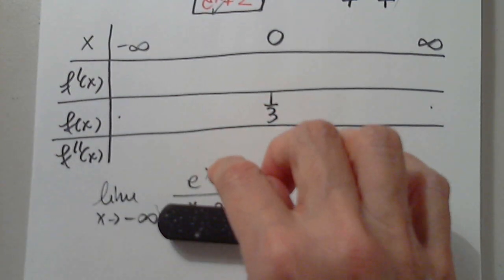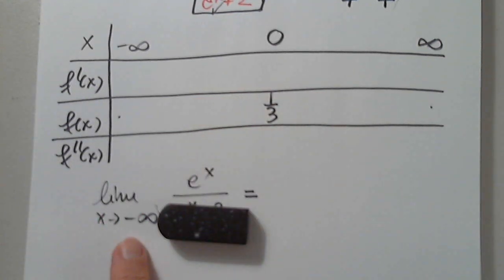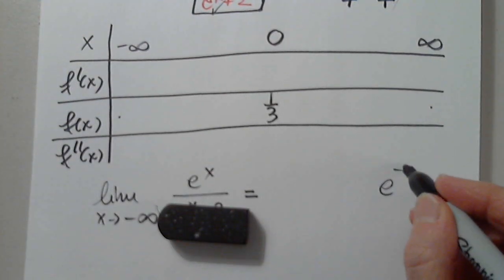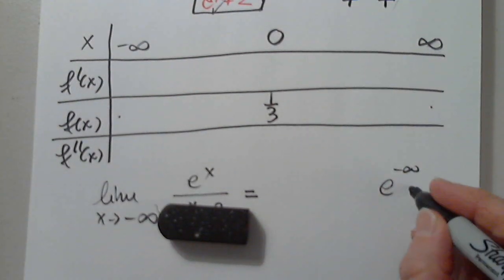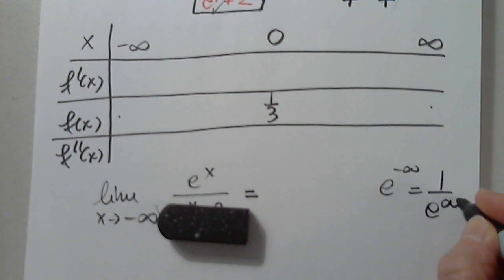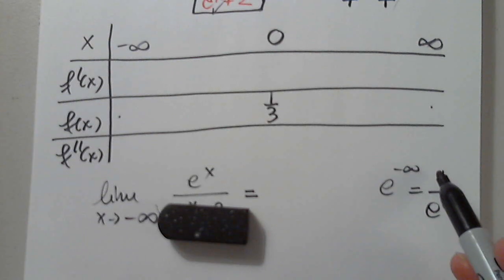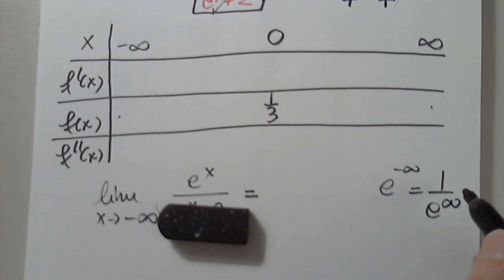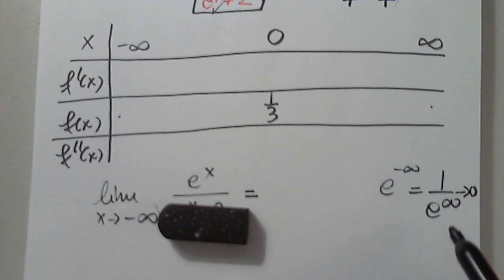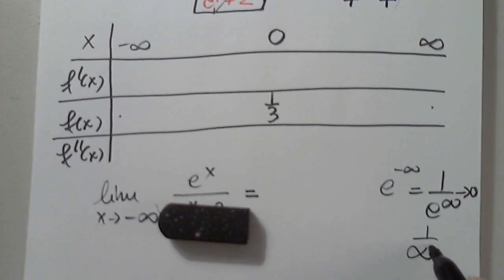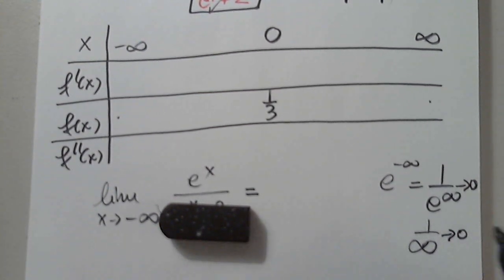Where is the numerator going when x approaches negative infinity? It's going to 0. Exactly. And here's how we know. E to negative infinity is 1 over e to infinity, which has to approach 0. No question about it. 1 divided by huge will always approach 0.